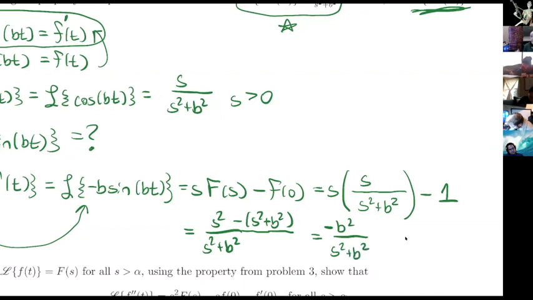So what I get here is the Laplace transform of minus b times the sine of bt gives me minus b squared over s squared plus b squared. The s squareds cancel out.